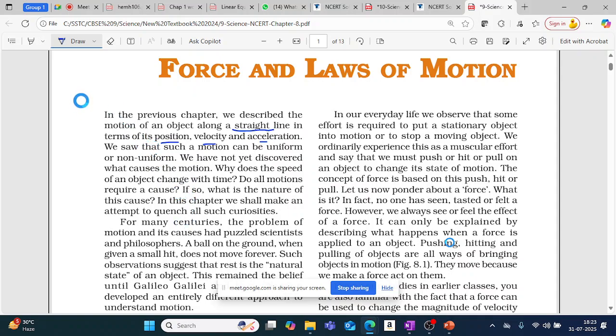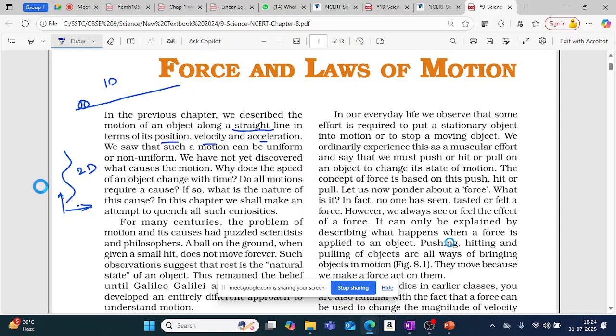So if a ball is rolling on the ground like this, it is motion in one dimension. If an insect goes like this, then it is moving in the x direction as well as the y direction. This is called two-dimensional motion. What is three-dimensional motion now?